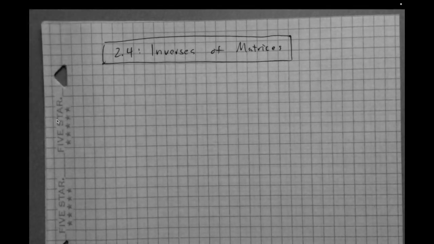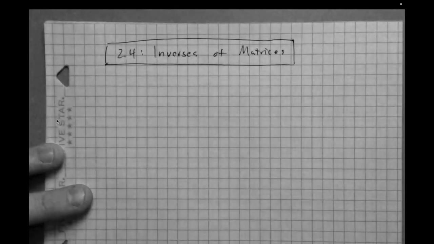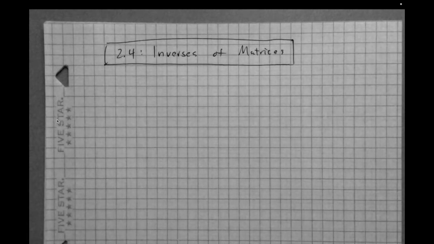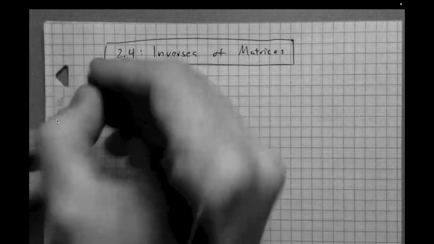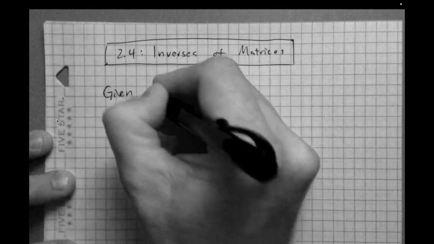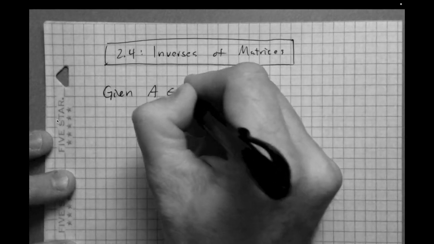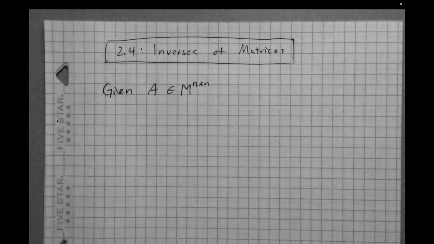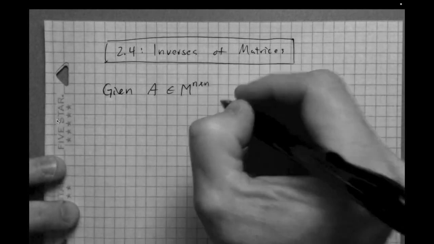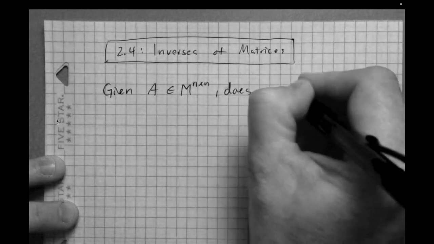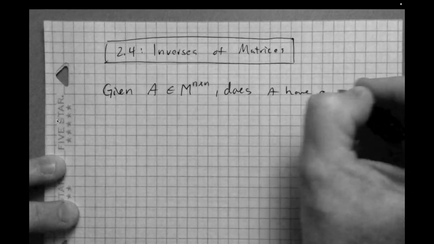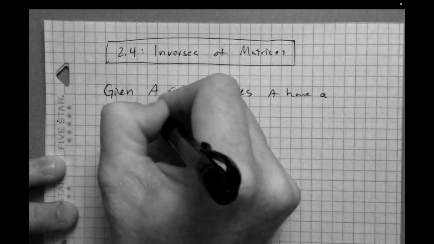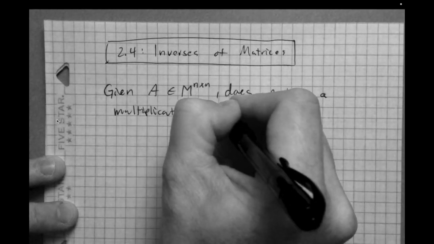In this section, we're going to consider whether a given n by n matrix A has what really is a multiplicative inverse. Given A, an n by n matrix, it's going to be a square matrix. The question is, does A have a multiplicative inverse?